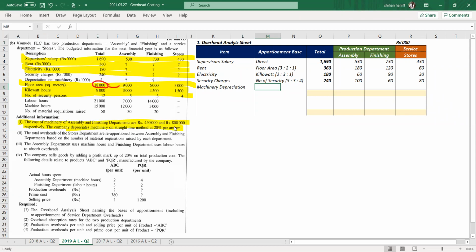Assembly and finishing department 450 and 800. So no machines are in stores. Suppose the base is machine cost and this is direct.